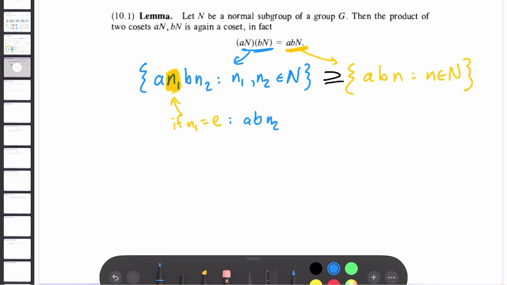Okay, and swap n for n2, life is good. So somehow it's the other direction. The fact that when you take two cosets and you multiply them together, you could get more than the coset you expect. But if it's normal, you don't. If it's normal, we're only going to get that single coset and nothing from anywhere else.